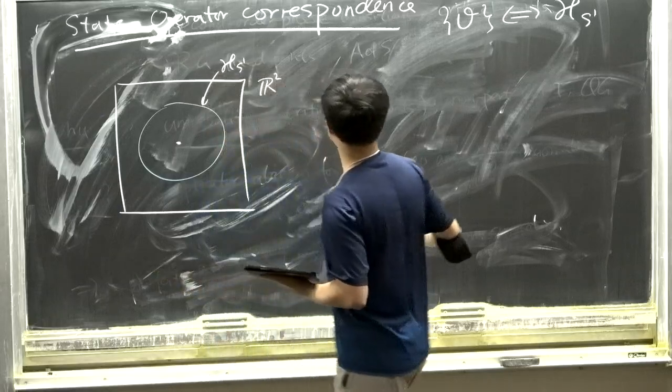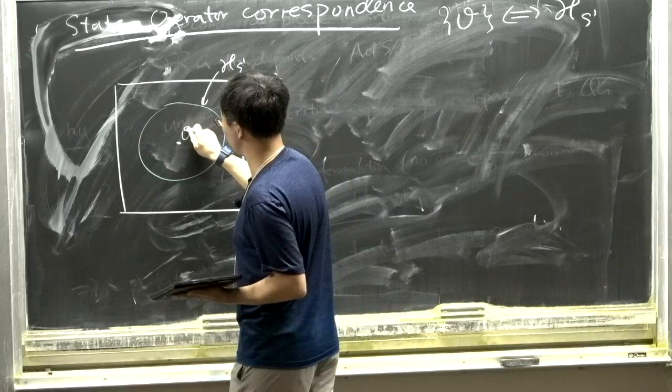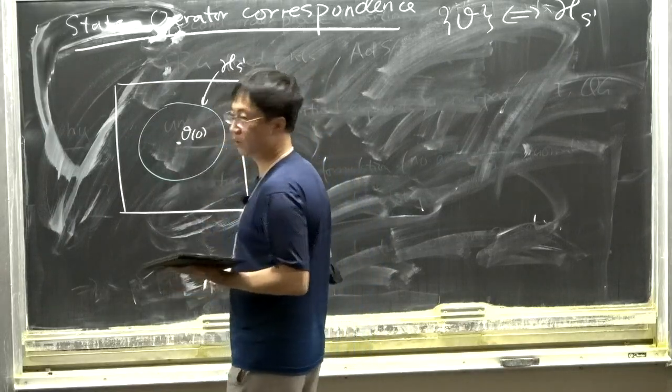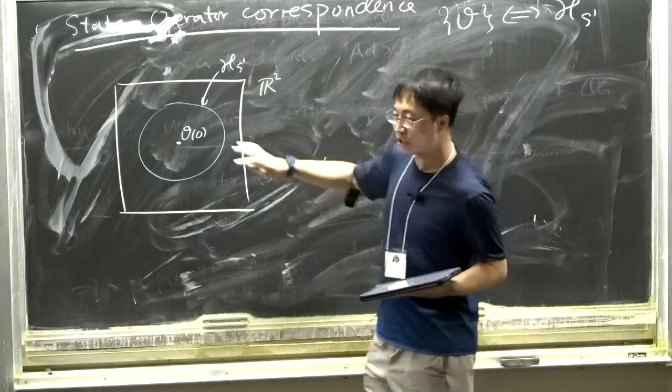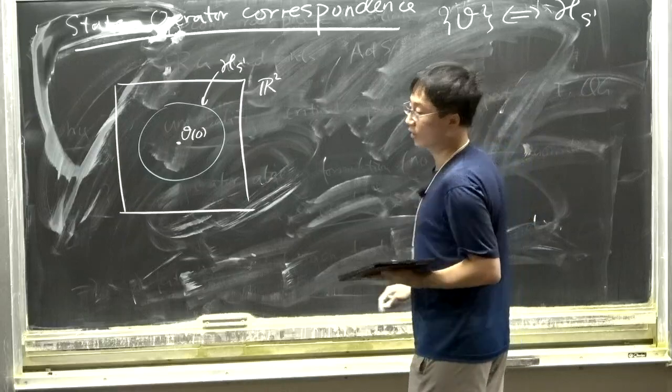One way the relation comes in is when you do the Euclidean path integral with the option of inserting a local operator at the origin. For any such insertion, running the Euclidean path integral will generate a state in the Hilbert space on S1.